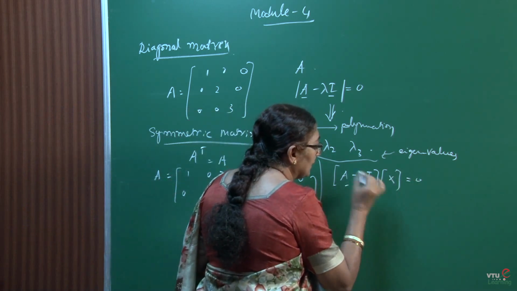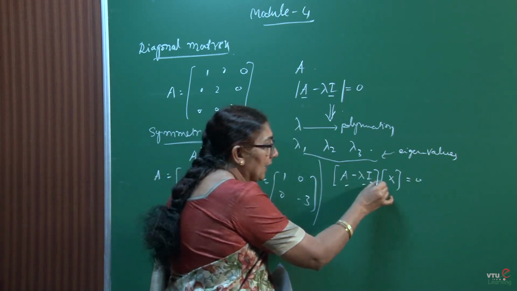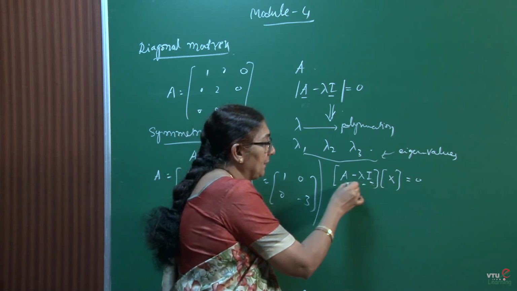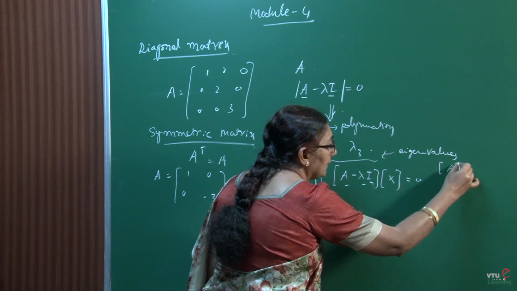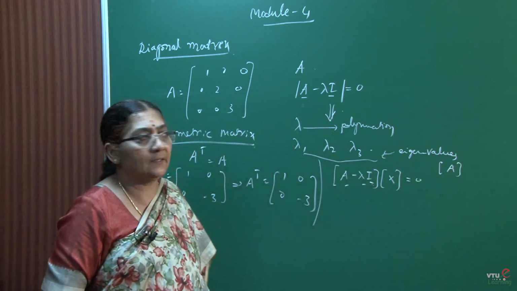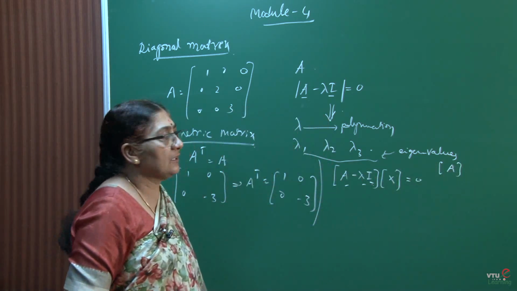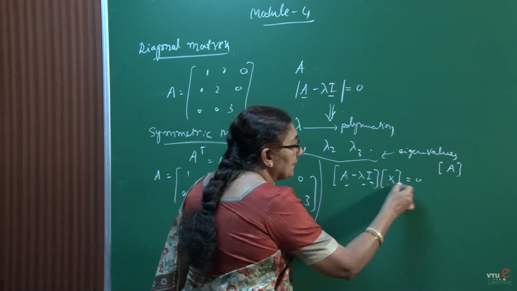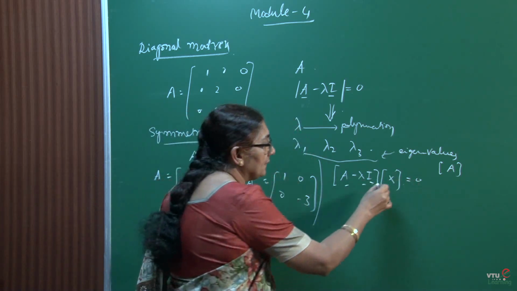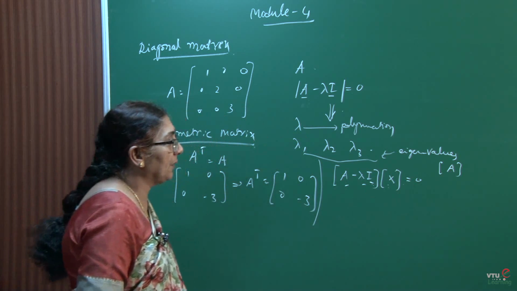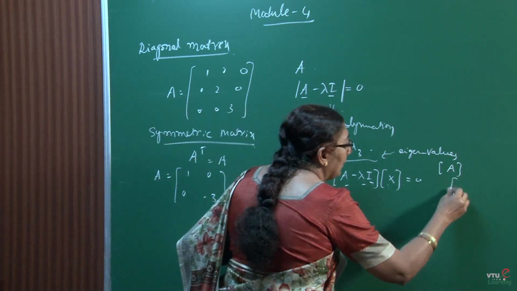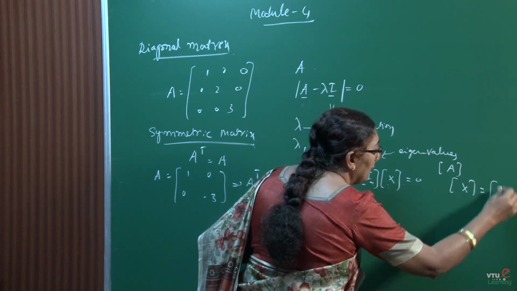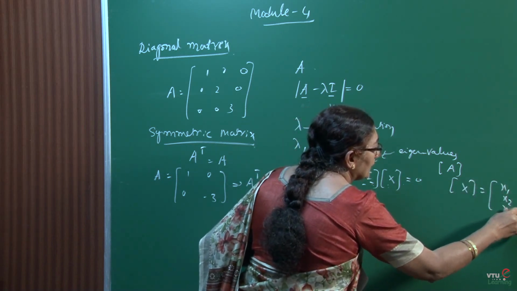The square bracket denotes a matrix and the absolute sign denotes a determinant. A is the given matrix, lambda you know, and I is the identity matrix, depending upon the order of the matrix A. X is a column matrix involving unknowns, depending upon the order of the matrix. Suppose the order of the matrix is 3, our X matrix is x1, x2, x3.